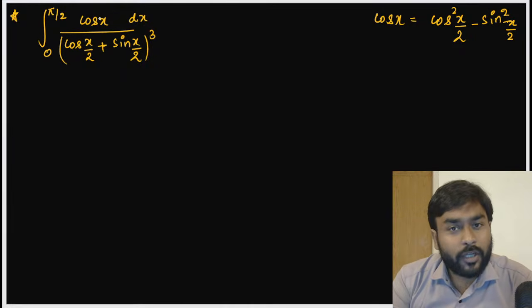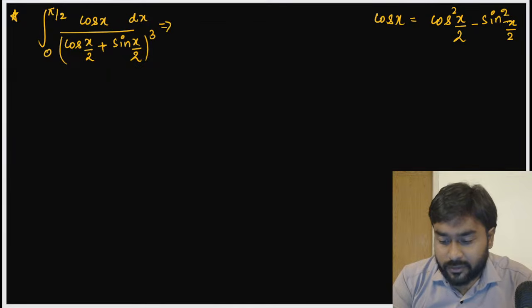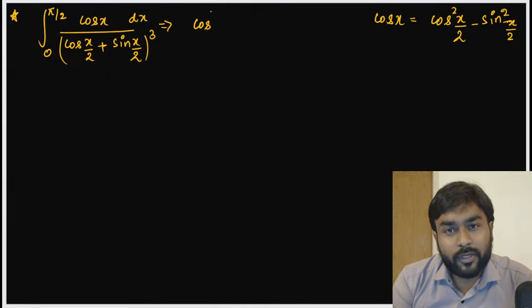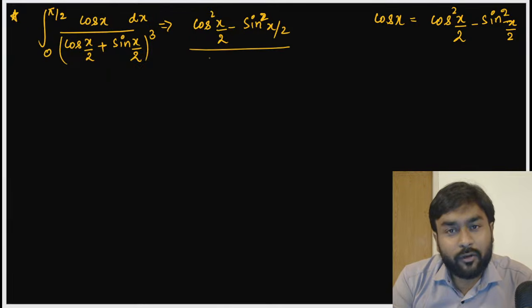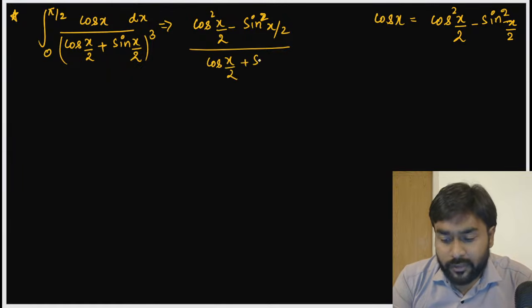So I write cos x as cos square x by 2 minus sin square x by 2, and in the denominator we write cos x by 2 plus sin x by 2 as it is.